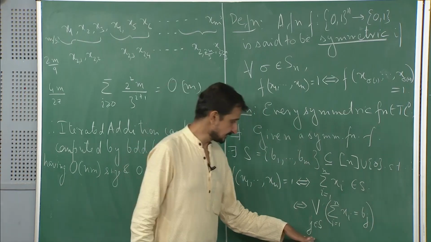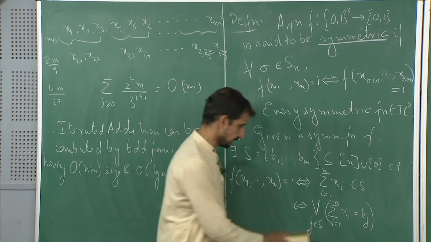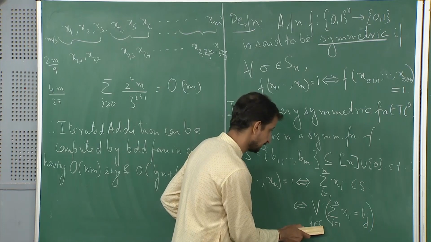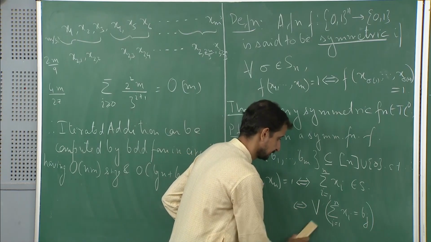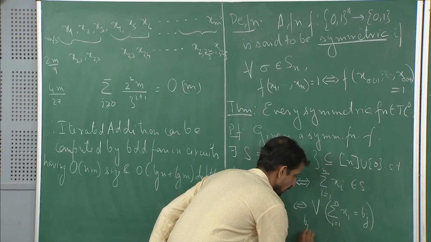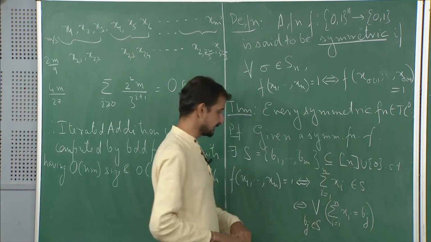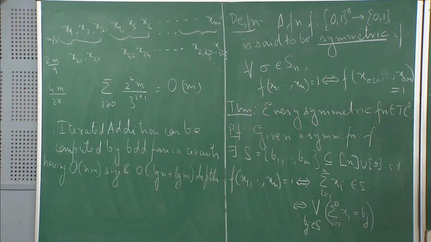It means that there is some bj in S such that the sum is equal to bj.